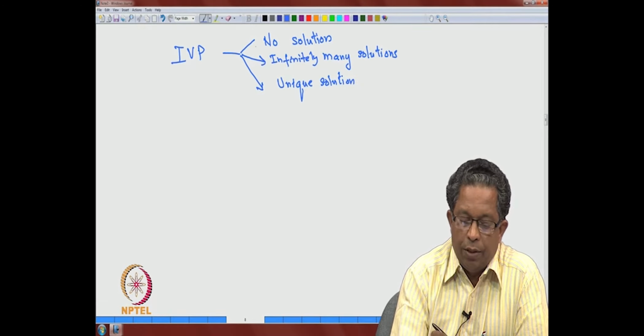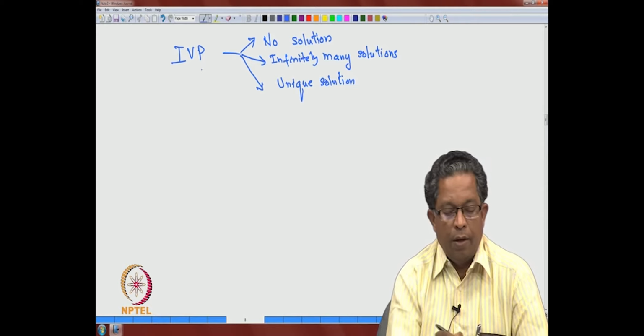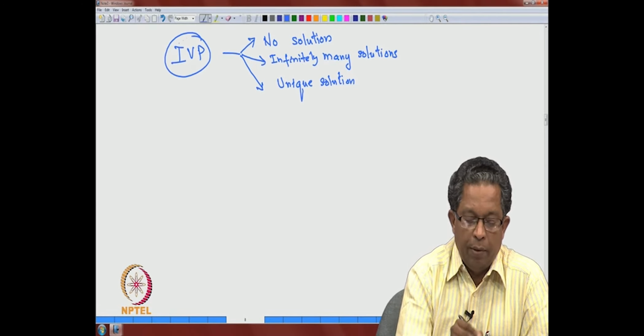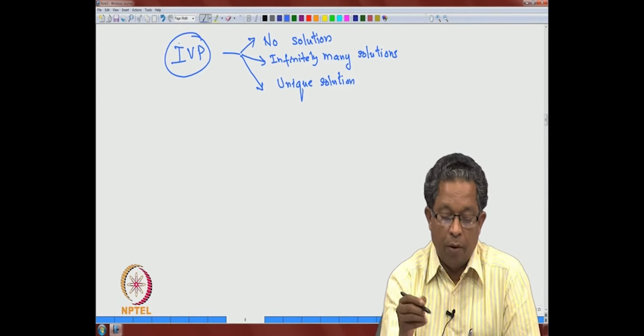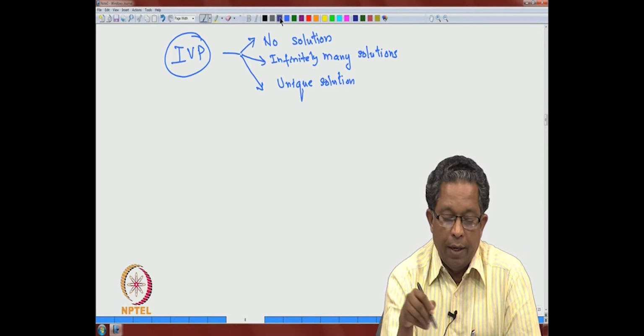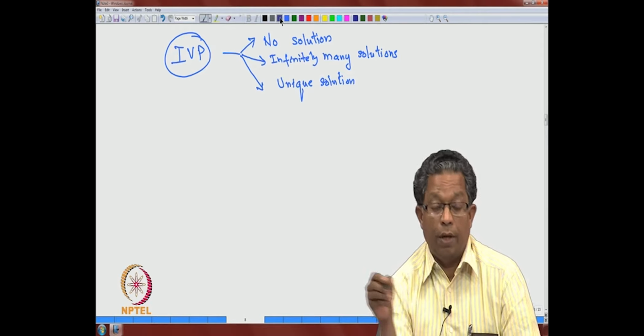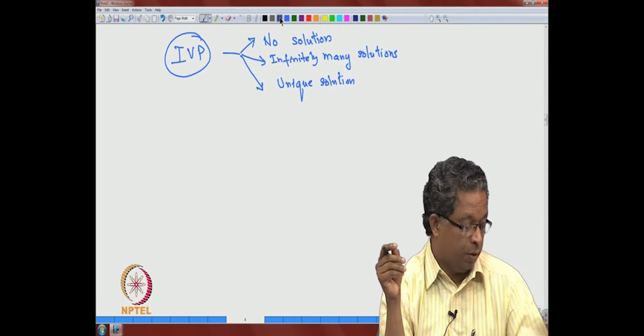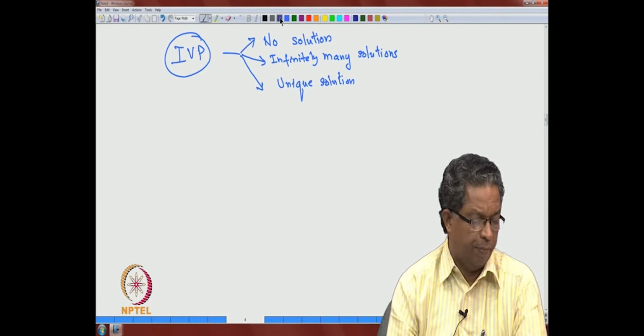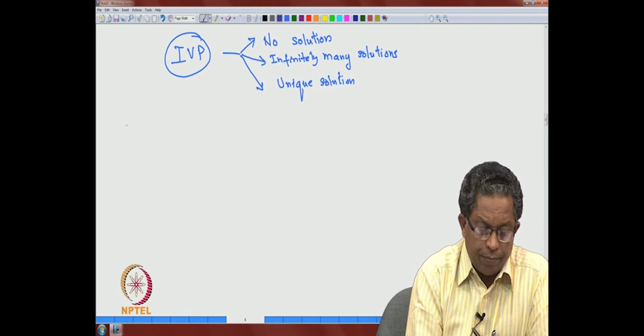So these three situations: we will look into some examples of initial value problems that have a unique solution, infinitely many solutions, and no solution. All these situations we will consider. So let us first consider a linear case.